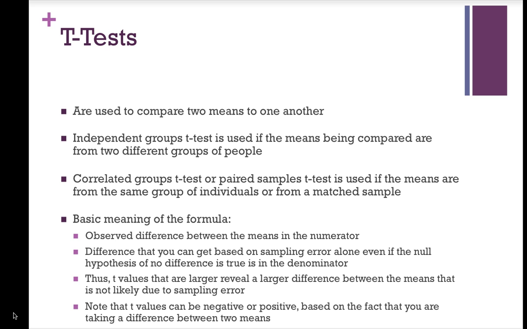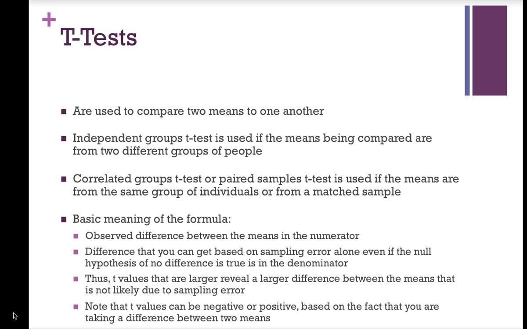So you're looking at a difference between the means in the numerator, and then generally what's in the denominator is assuming that the null hypothesis is true, that there is no difference between the means. You can still get a difference based on sampling error alone. So that's what's in the denominator, the difference based on sampling error alone.